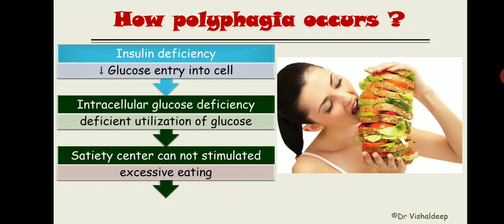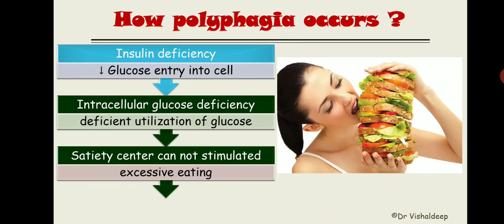and ultimately it will lead to excessive eating. Now you might be thinking, where is the satiety center? Inside our brain, right? Again it is situated inside the hypothalamus. See, the thirst center is present over the lateral hypothalamus. The satiety center, on the opposite hand, is situated in the medial aspect of the hypothalamus. The name of the nuclei is ventromedial nuclei.